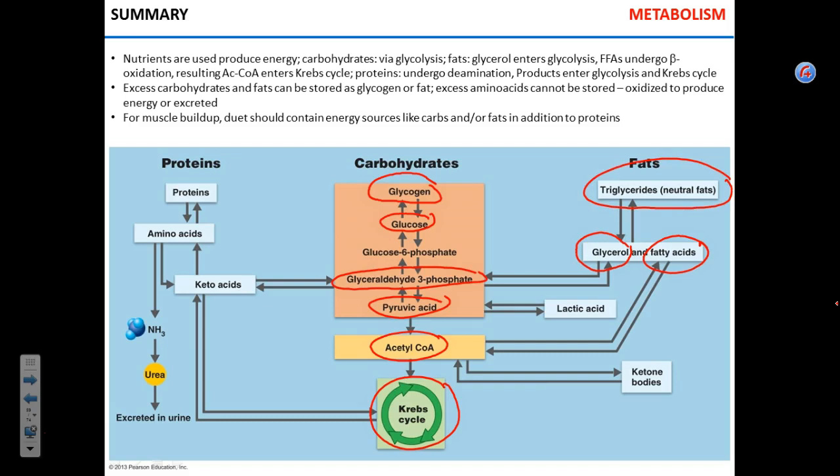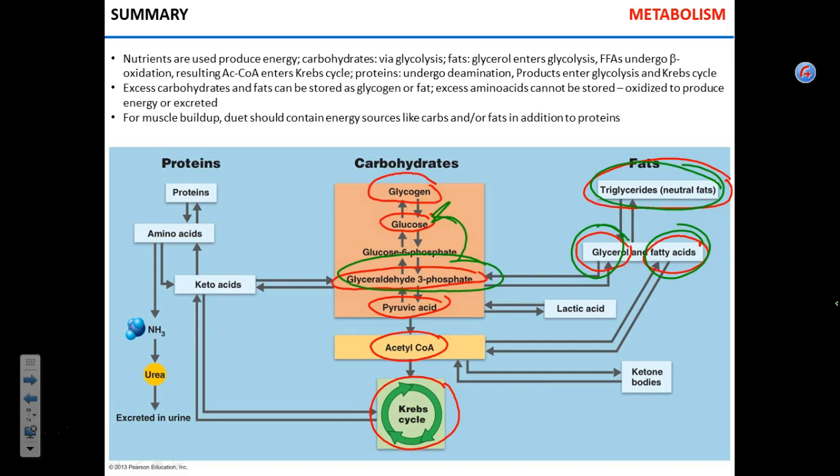Does that make sense? Now, if you are in the state of starvation, you have no carbohydrate input whatsoever, but you have a lot of fat, triglycerides are going to be broken down to glycerol and fatty acids. Glycerol will become glyceraldehyde 3-phosphate, which will be used to produce glucose.